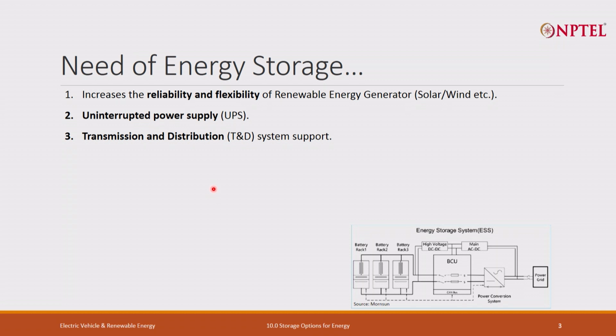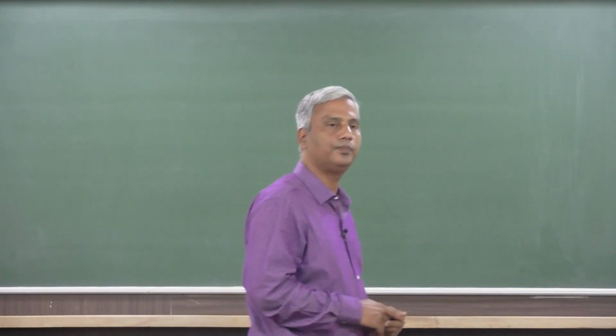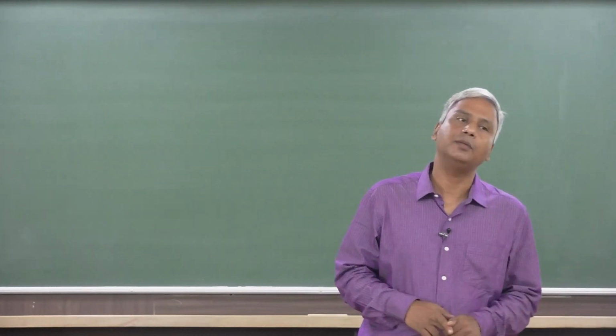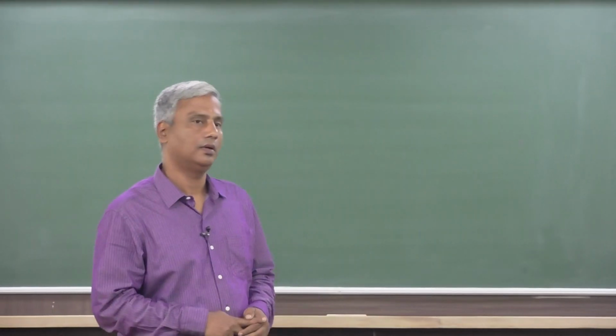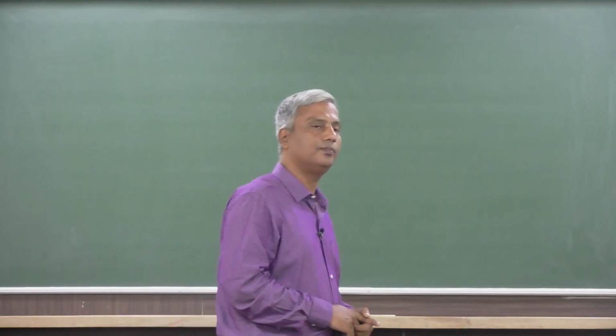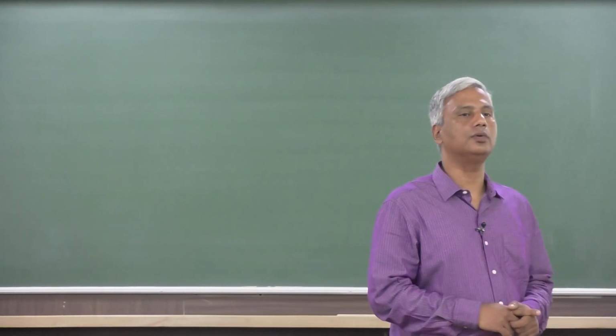Transmission and distribution. Now several times what happens, a thermal power plant which is running in Korba, in UP, MP, might be now in Chhattisgarh, is producing 1000 megawatt, but at that place the utilization is only 200 megawatt.